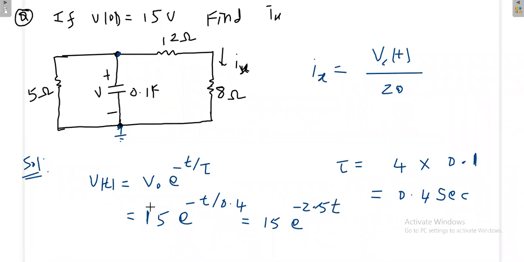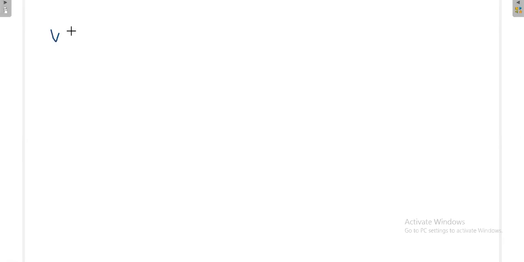So the voltage across the capacitor Vc of t is 15 e power minus 2.5 t volts.